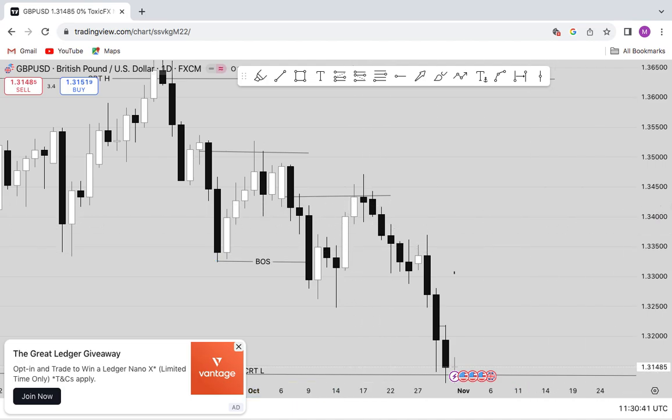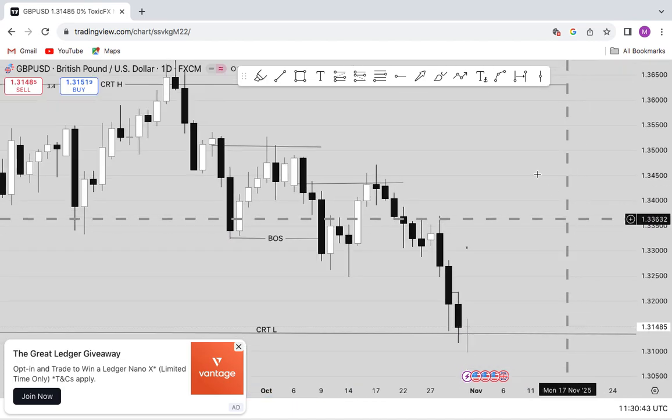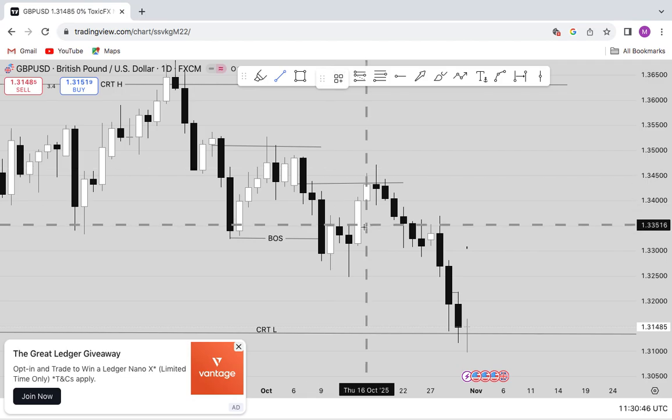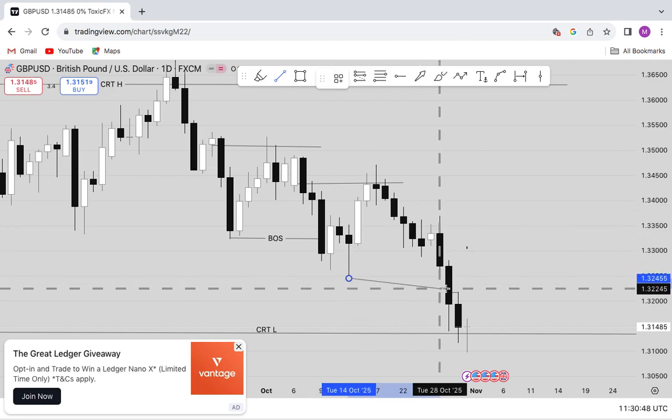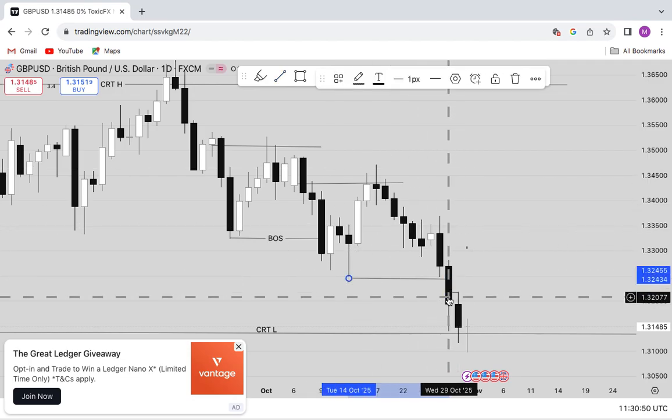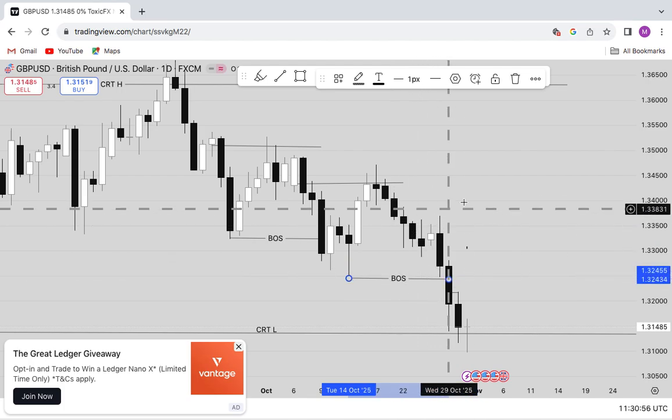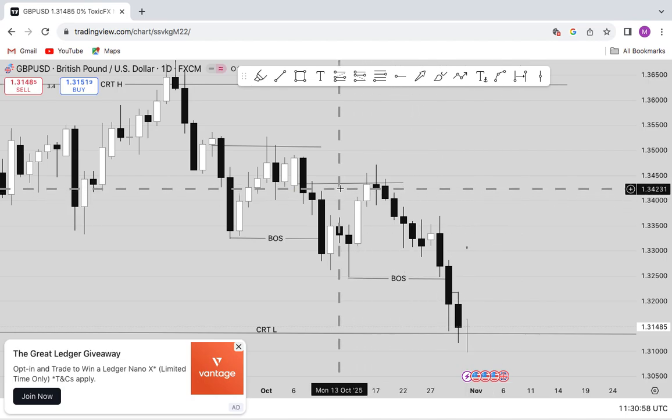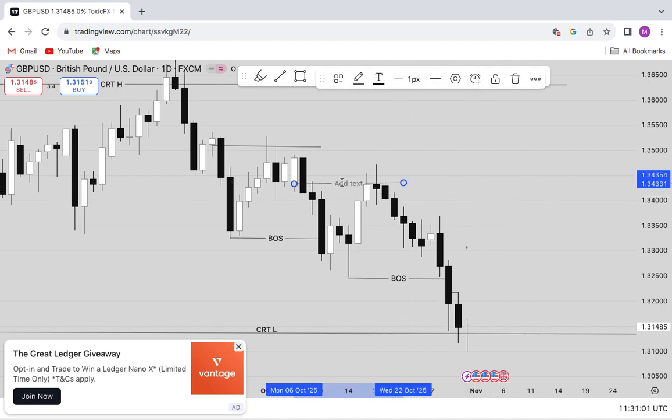So now, what will you be expecting? Let me mark out this break of structure. Yeah, so this is what we are looking at on the daily time frame. So what am I expecting as a CRT trader?